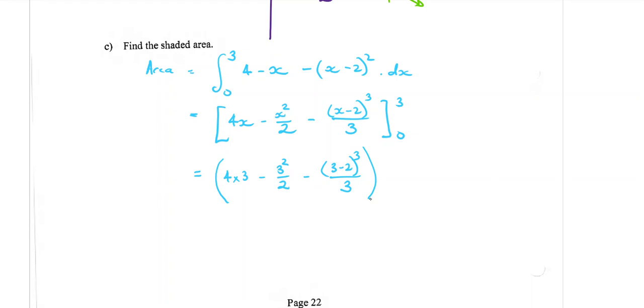Is that 0 by 3? There's actually something still there because of the minus 2. So this is where you've got to be careful with zeros, because they don't always make nothing. So that is minus, I'll do the whole thing, 4 times 0 minus 0 squared over 2 minus (0 minus 2) cubed over 3.